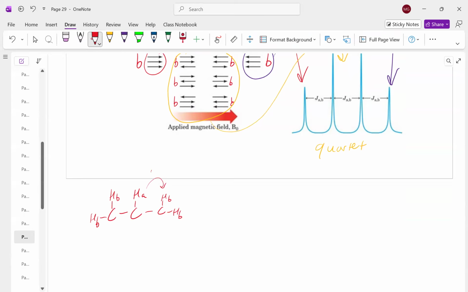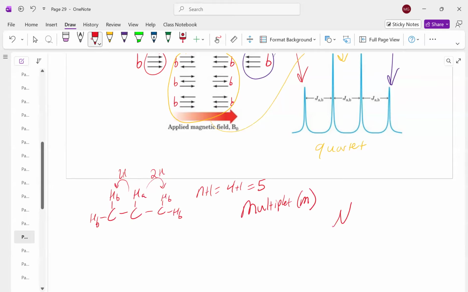Well, if I go that way, there's two hydrogens adjacent. And this way, there's two hydrogens adjacent. So if I use the n+1 rule, that means I should get a signal split into 5 peaks. Pretty much anything 5 or more, we just call it a multiplet and use the letter M for it.